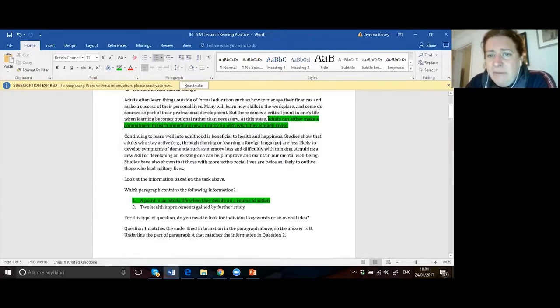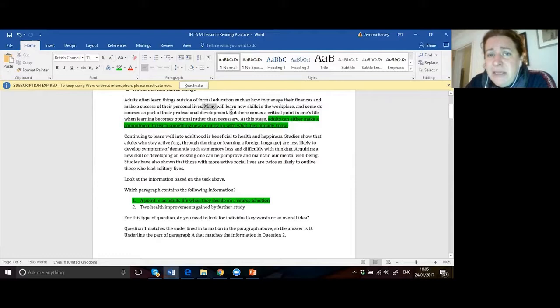We can get that from the concluding sentence. So this paragraph contains this information. Very similar to the reading that we did before, some of the questions you'll be able to do very quickly, and some of them you'll need to take a bit more time. But remember, when you skim, you can often get the information from the first line and the last line. That is going to help you identify some of the information.